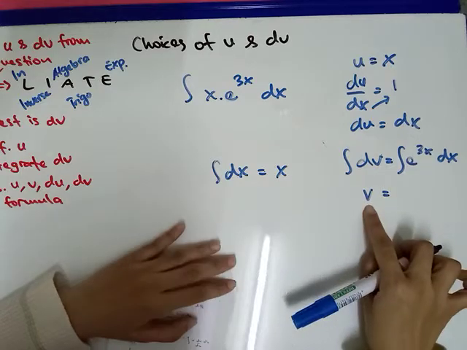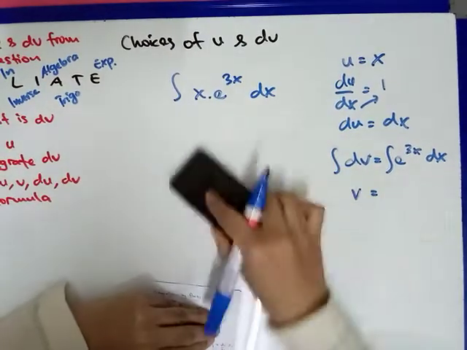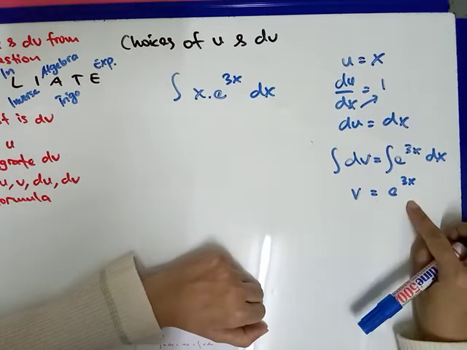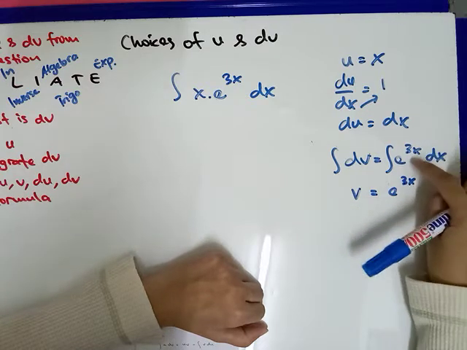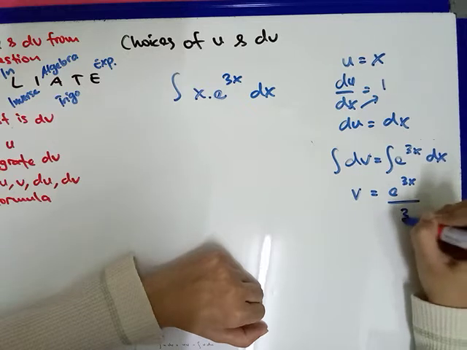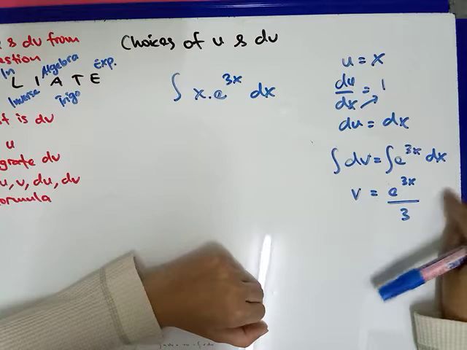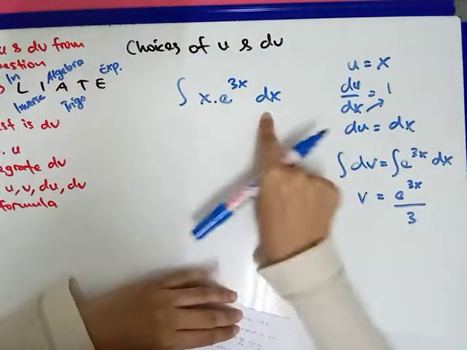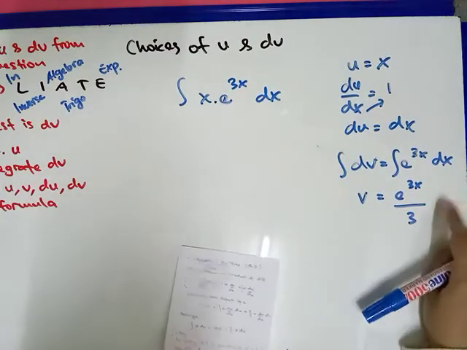Then integrate exponent 3x, we will get exponent 3x back, and don't forget to differentiate 3x. Differentiate 3x, we get 3. Then we need to divide 3. Perlu tak tambah c? No need to plus c. Why? Because this one is the formula, yang asal yang kita nak integrate sebenarnya. So yang ni tak perlu tambah c lagi.